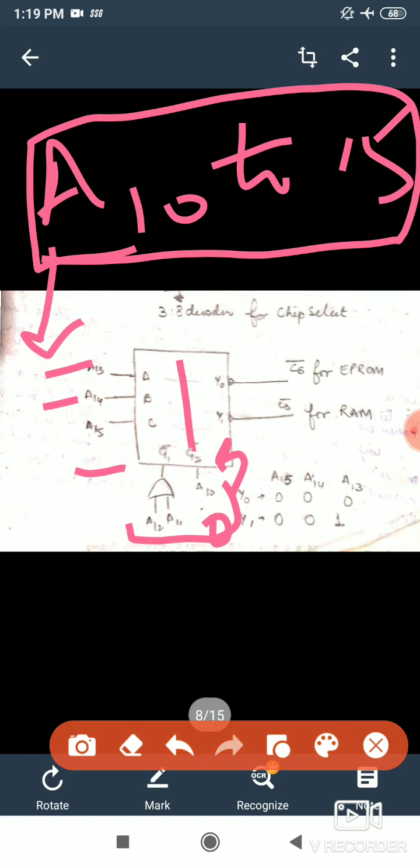These are provided at G1 bar and G2 bar. You can directly give G1, G2 bar the same signal, like the OR of A12, A11, A10. This is your choice. Here I have taken the OR of A11, A12 and A10 separately.